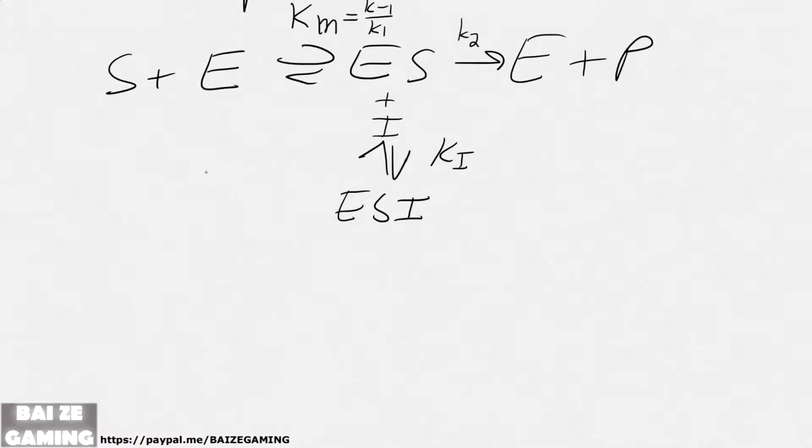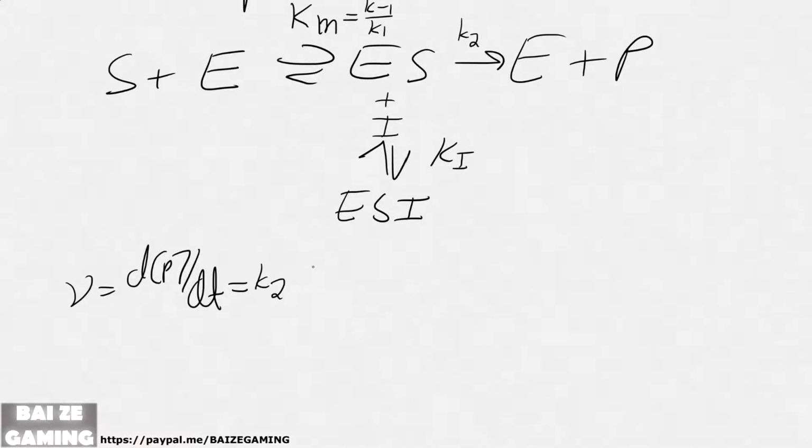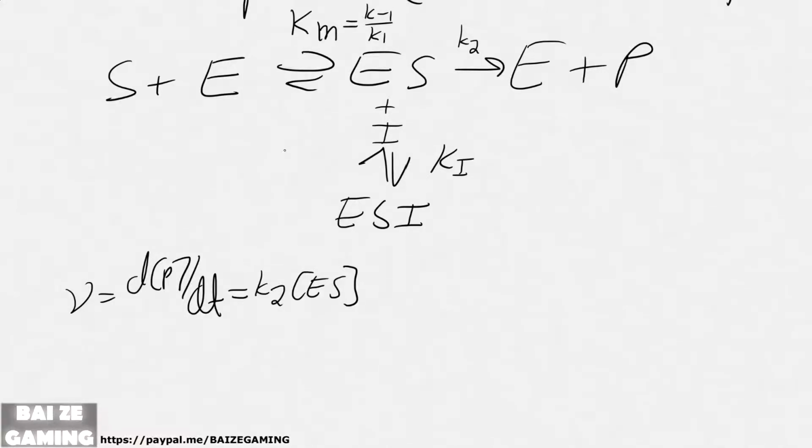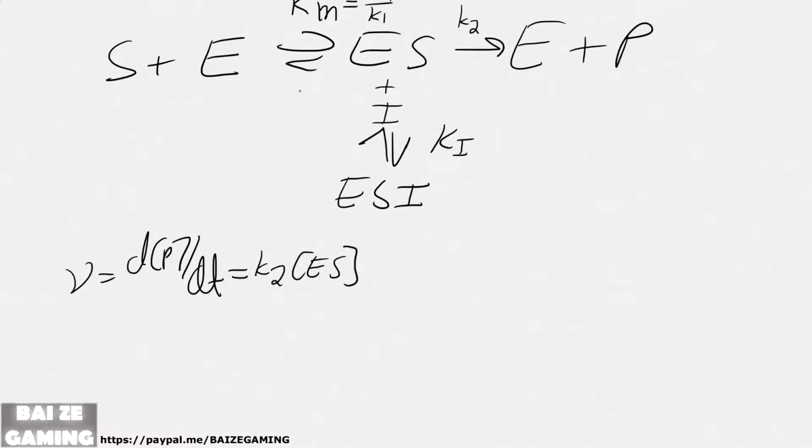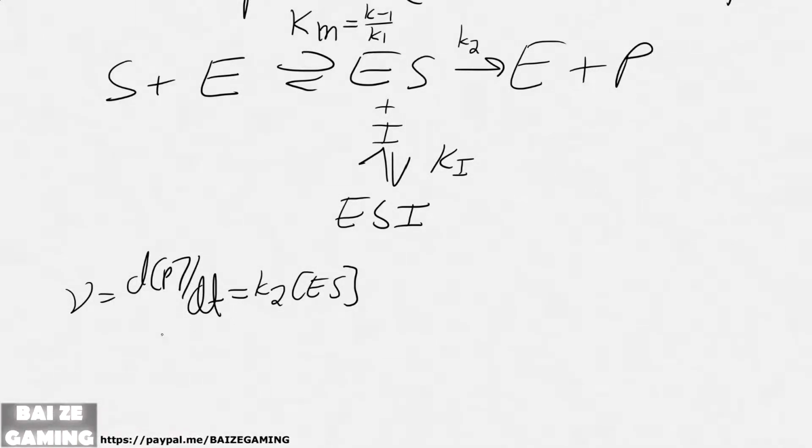So we start off with product formation, same as before. And here, yep, same thing. And then we can use the fast equilibrium assumption. So remember, fast equilibrium is just the forward and backward rates being the same.